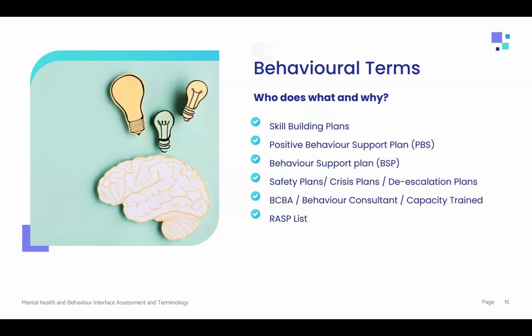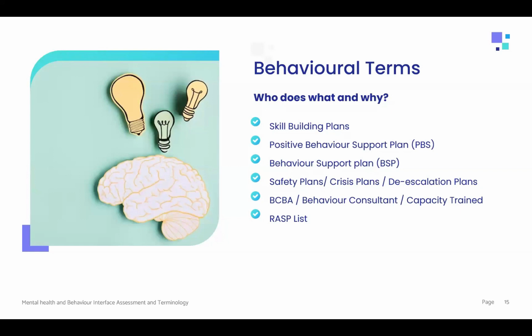It typically includes a description of the skill, why it's important, a definition of the goals, the context in which the skill should be performed, how progress will be measured, and the methods used to teach the skill, either in its entirety or broken down into stages. And often these skill plans are standalone documents that aren't usually involved specifically with addressing challenging or dangerous behavior.